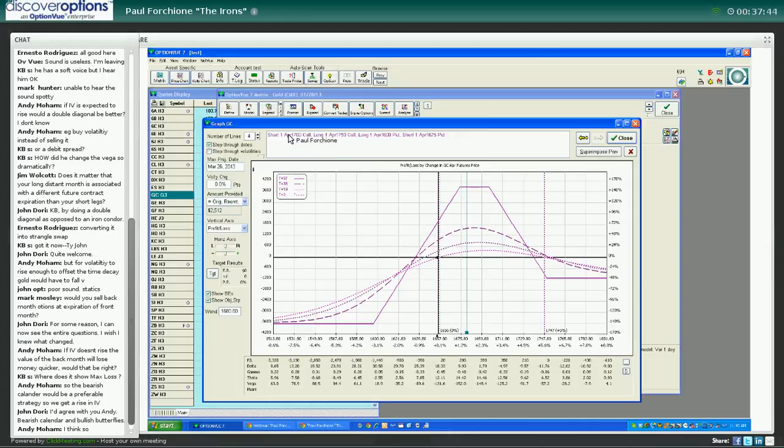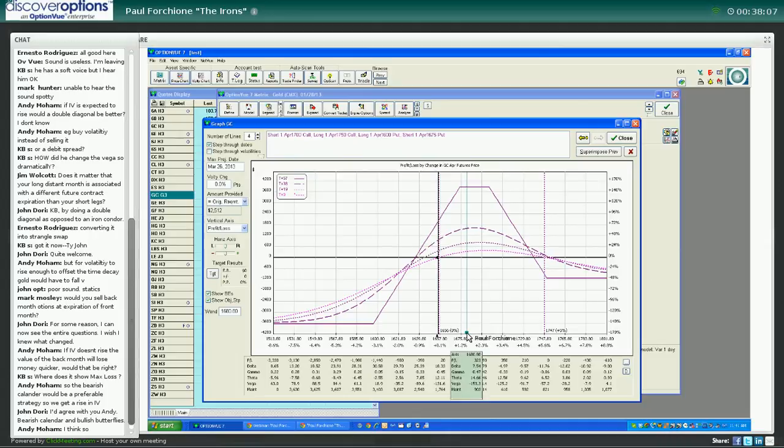Broken wing meaning the difference between the call strikes, which is 50 points, is less than the difference between the put strikes, which is 75 points. Difference in the width of each of those spreads. So that makes it a broken wing. And since our short put and call are different, it's a condor rather than a butterfly.